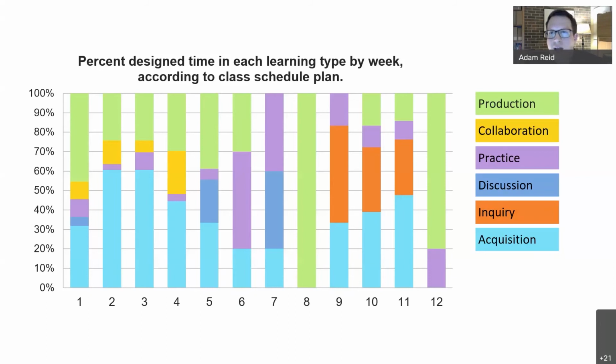You might recall Diana described this course taking place in kind of parts 1 and 2. And here in these charts, you can see where part 1 involved a little bit more collaboration, some more acquisition and discussion and practice.